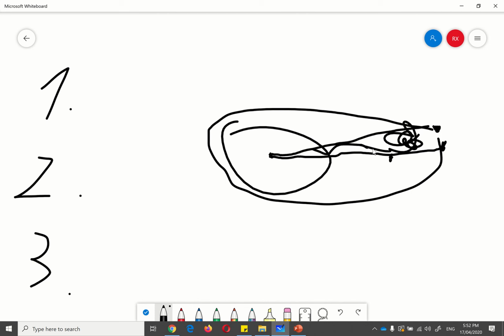Now, for example, we are in June, July. The area it has swept will be this much, because the area swept in equal time will be the same. What you see here is an interesting thing: when Earth is further away from the sun, it travels at a slower speed.